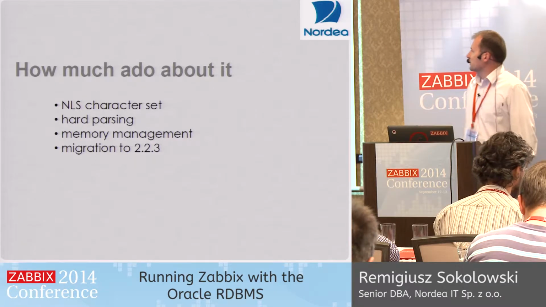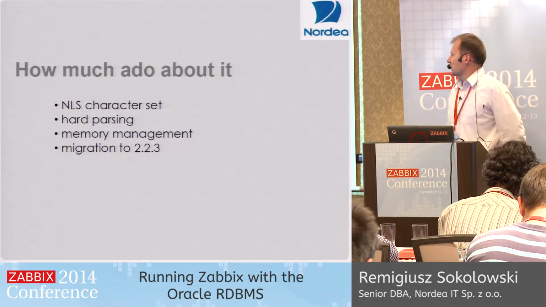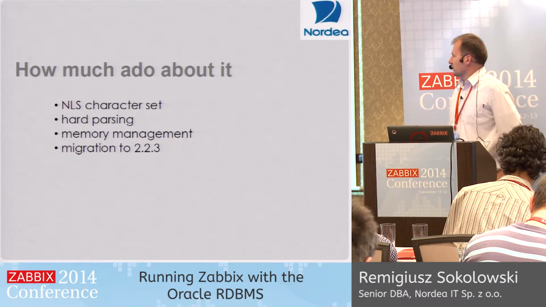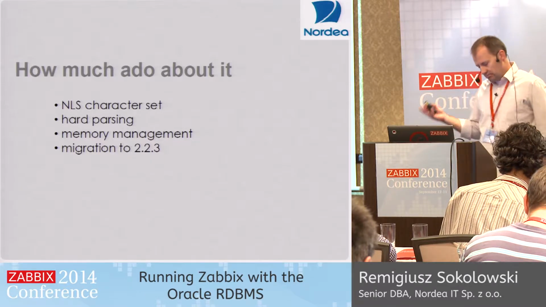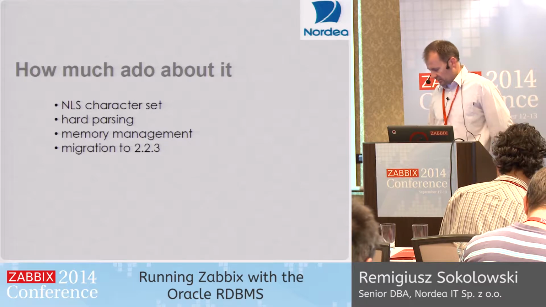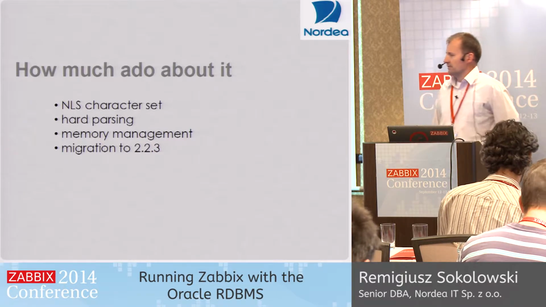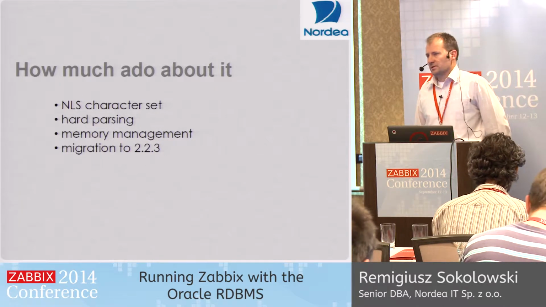The issues you may hit are bound with NLS character set, hard parsing by Oracle, memory management, and here particular for us is a migration to version 2.3 from 2.0.2, which we started with.